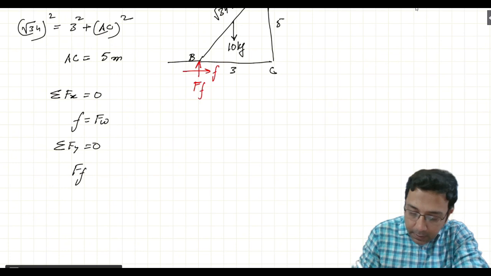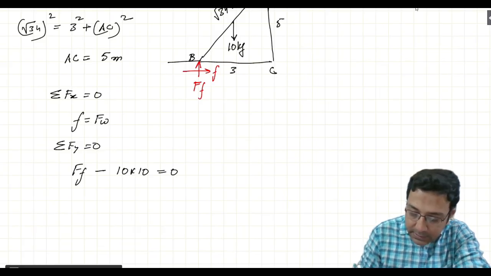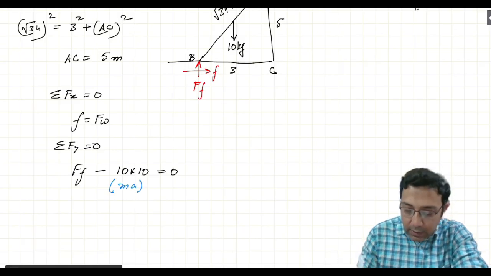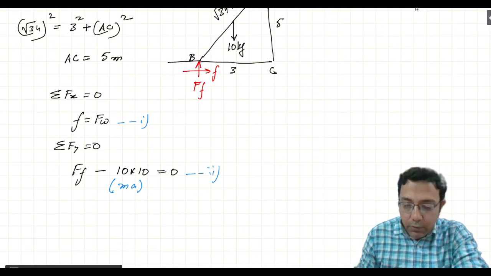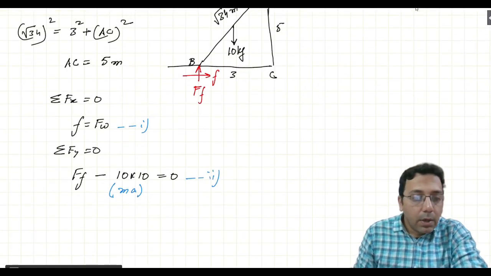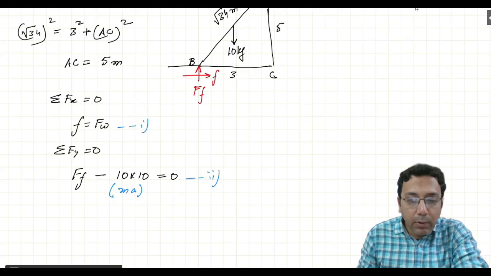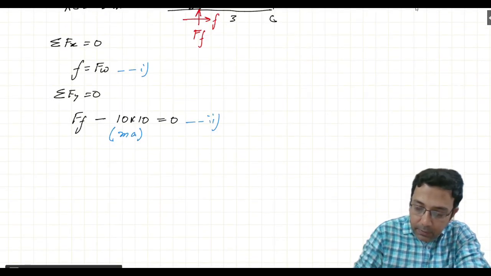FF is up minus 10 kg into acceleration, so this is equal to 0. What is this 10 kg? This is what is given to us. So this is mass into acceleration down. Okay. So this is one equation. This is equation number 2. Now what we can do, we can take a moment about the point C.